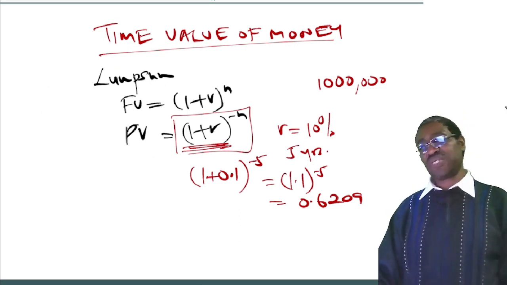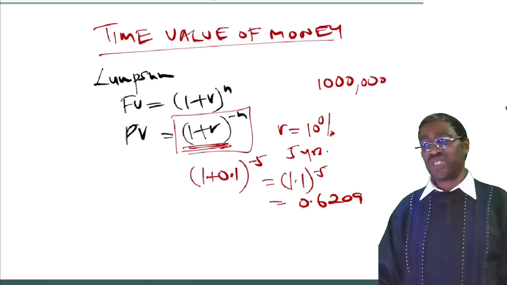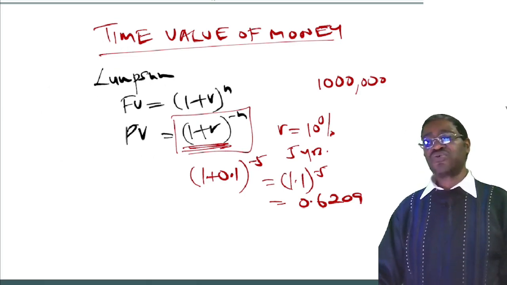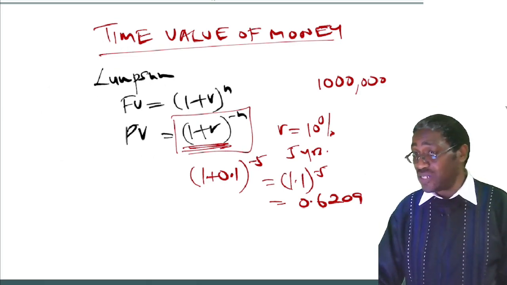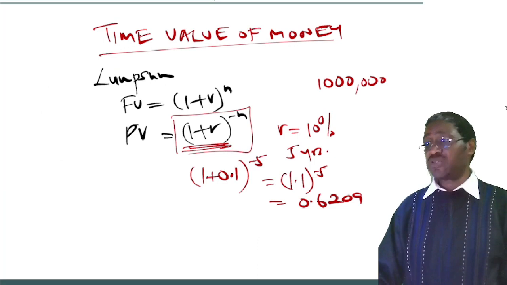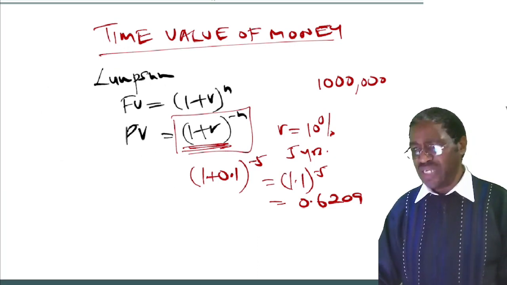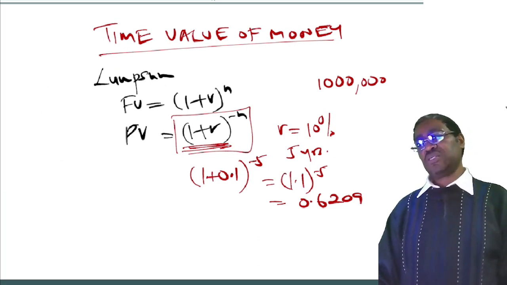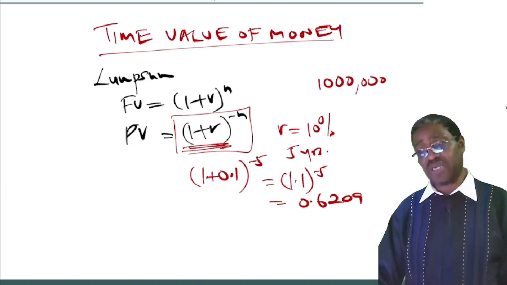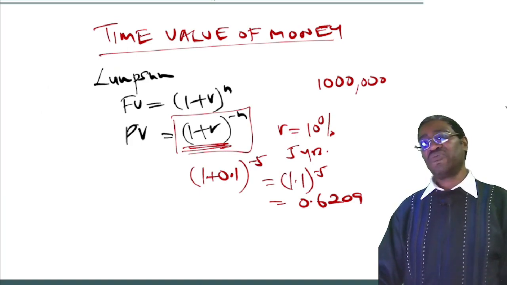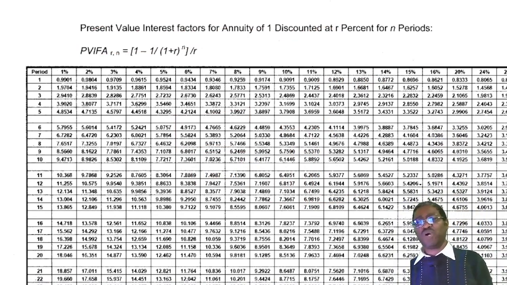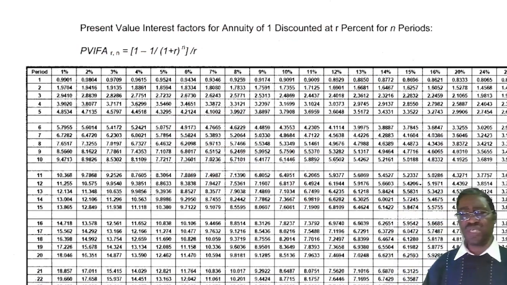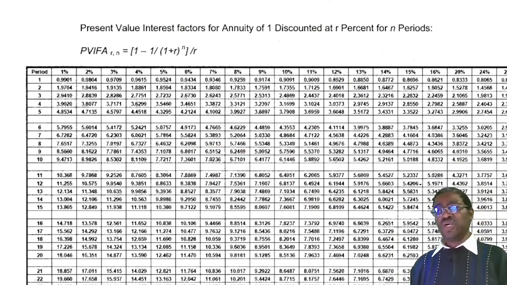Let me project a mathematical table here so that we see, at 10%, remember the R is 10%, 5 years from now, what is the discounting factor? That is the table for what we are calling the present value. Are you seeing it there?